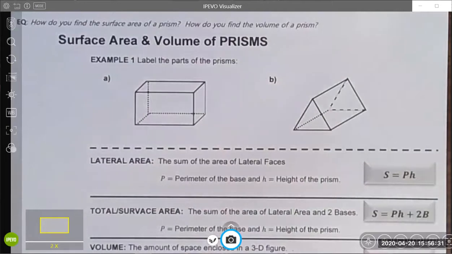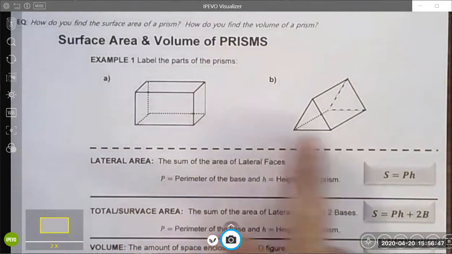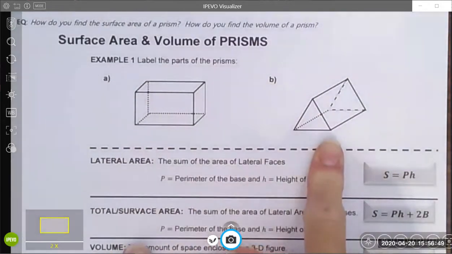One of the most important things to know about prisms is that every prism consists of two bases, which are parallel and congruent shapes. And those two bases are separated by what we call lateral edges. So it's easy to find the base in something like a triangular prism or hexagonal prism or a pentagonal prism, however you say that.